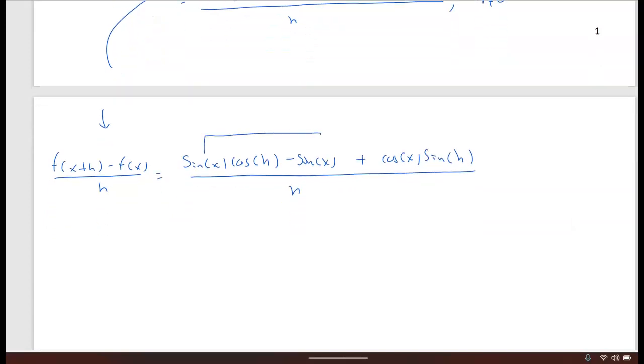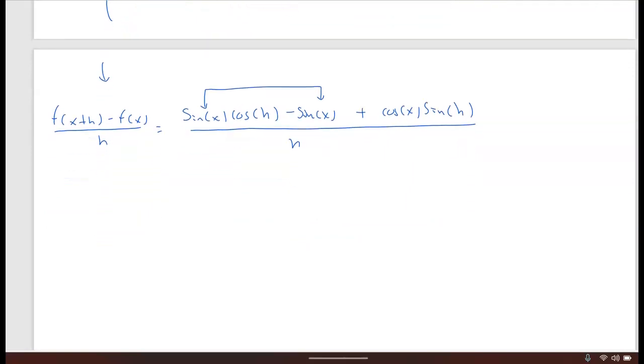From these two, I'm going to factor the sine. So we're looking at sine of x times cosine of h minus 1 over h, plus cosine of x times sine of h over h.